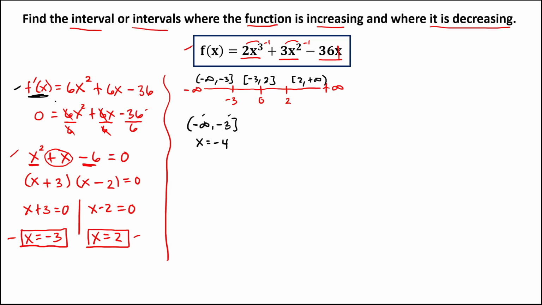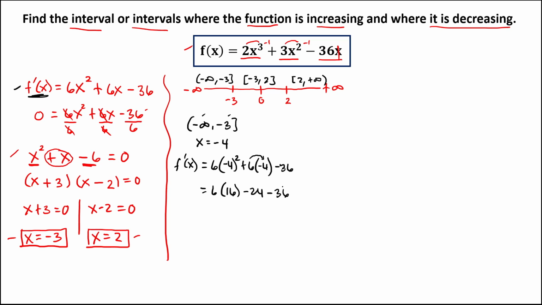Then from this first derivative, we have f prime of x equals 6 times x, which is negative 4 squared, plus 6 times negative 4, minus 36. Then this becomes 6 times negative 4 to the power 2. This one is 16. Positive 6 times negative 4, that's negative 24.